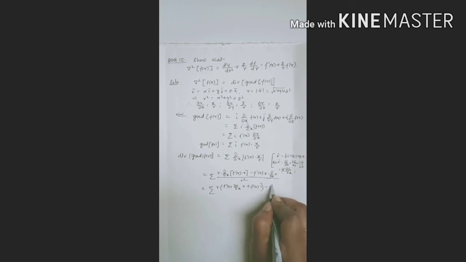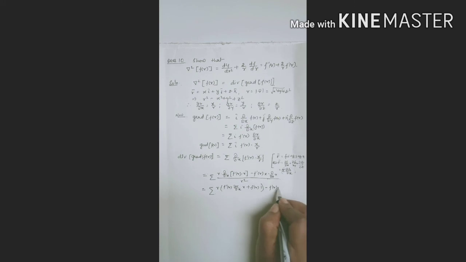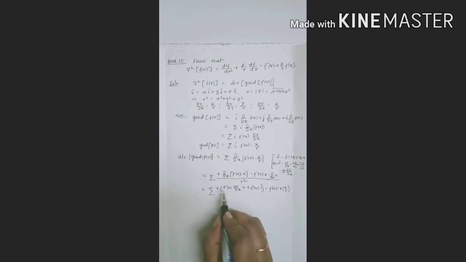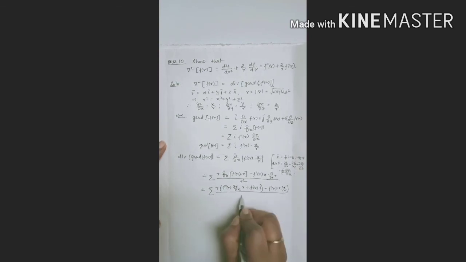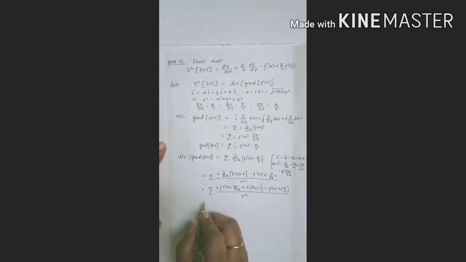So this is your f dash r into x and del r by del x is nothing but x by r. Right, simply as it is you keep on doing, divided by r square as it is.